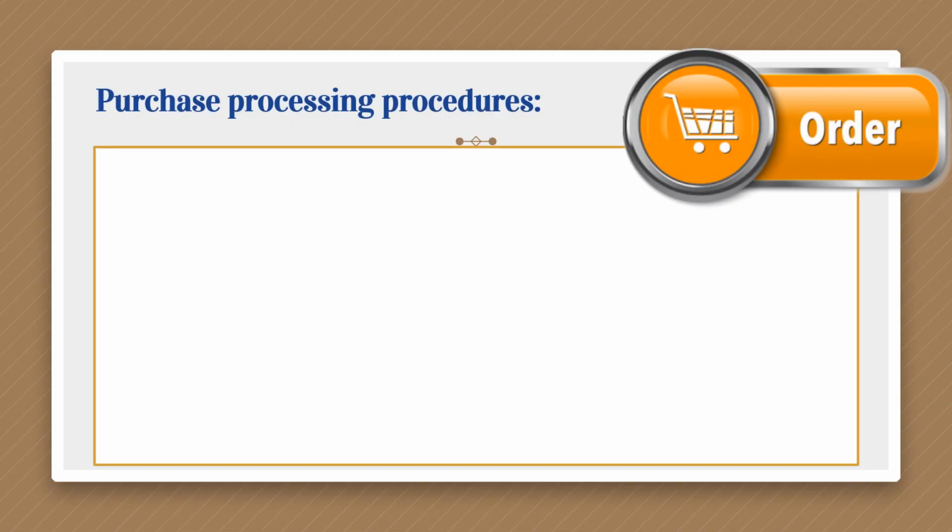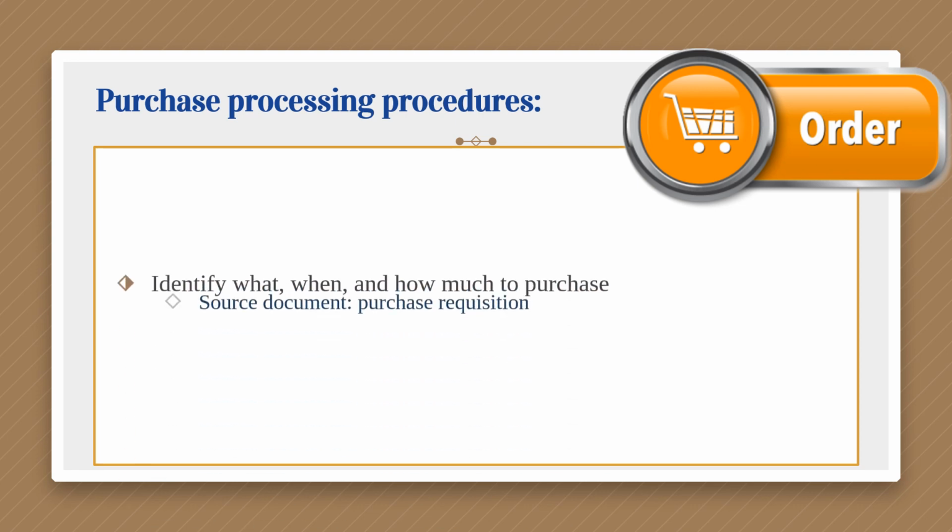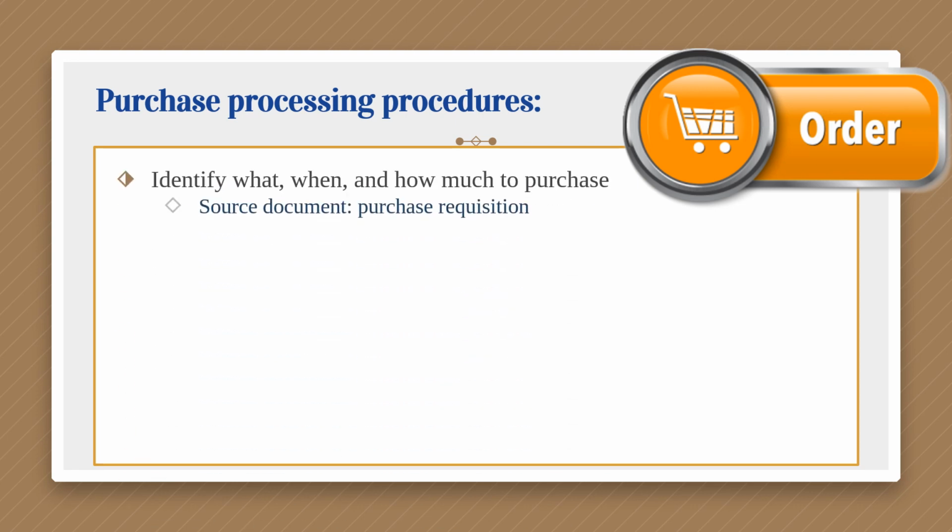We have here more details on each one of the activities. So we start with ordering, or the purchase order. We start by identifying what, when, and how much to purchase. Here the source document is the purchase requisition.